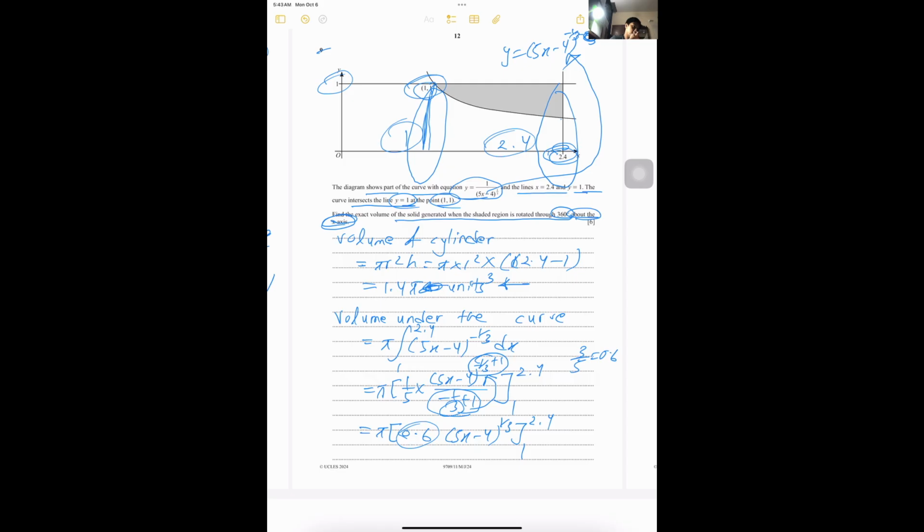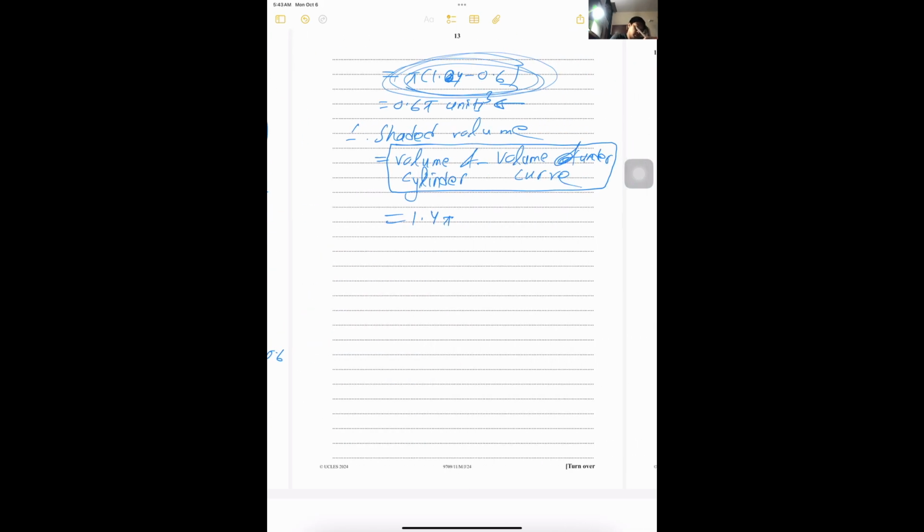Where am I doing a mistake? Oh no. This is 1.2. This is correct. This is 1.4 pi minus 0.6 pi. I don't know what the confusion was about. Whatever. Or you can just write it to be 4 by 5 pi units cubed. Anyone works, honestly.